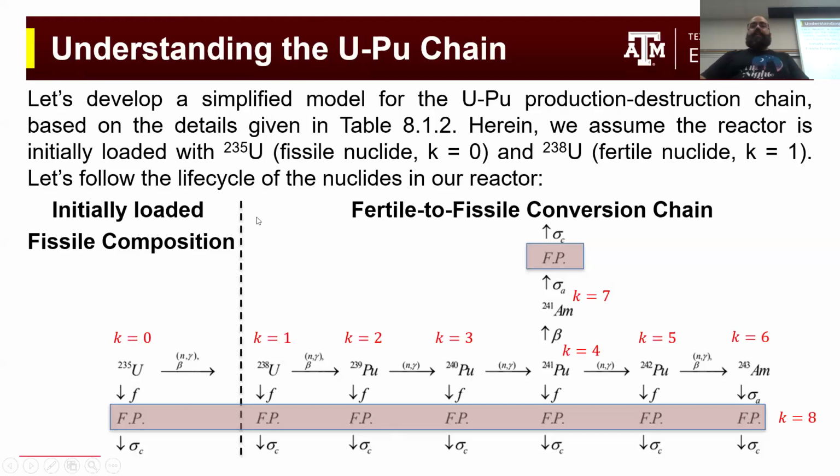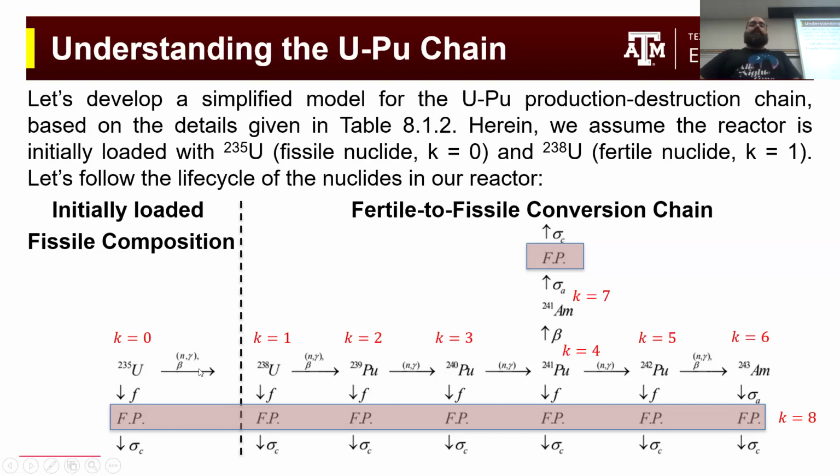So this is showing, in a picture, what these chains would look like. U-235 is our initial fissile material. You put some amount of uranium-235 in the reactor, and then you turn the reactor on. As the reactor operates, U-235 could fission, in which case it's going to produce some fission products.